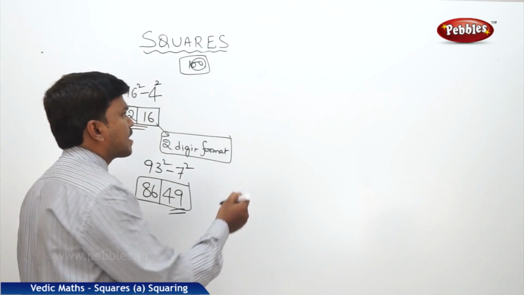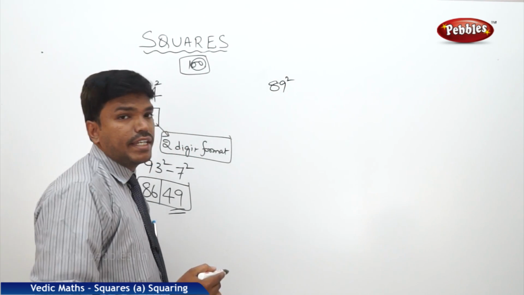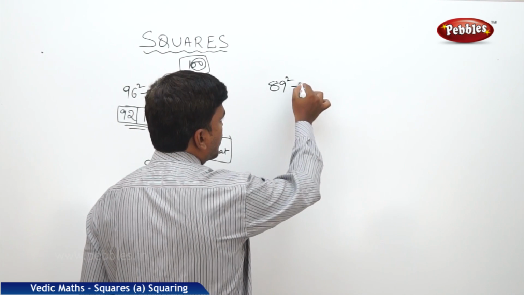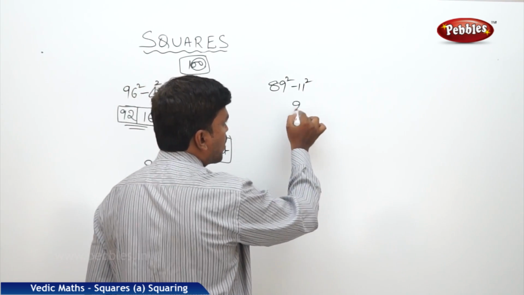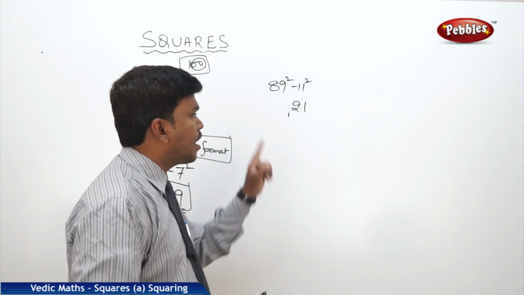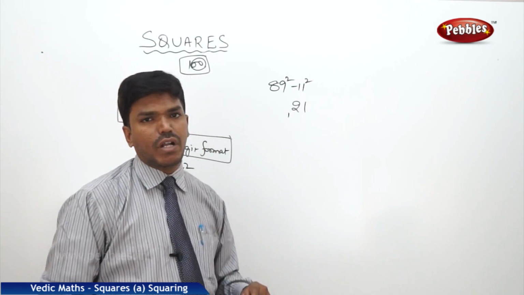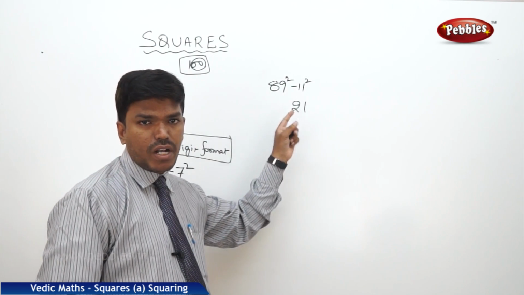How? Let us take one example. Suppose I need 89 square. Okay, so 89 is how much less than 100? 11. So 11 square is 121. So I am writing 21 here and 1 will be the carry. In 121, we need to drop only 21 and carry forward the next number 1.